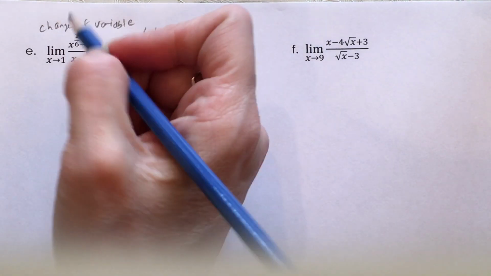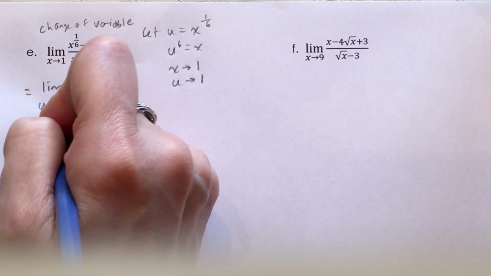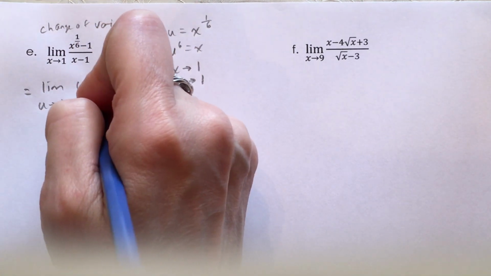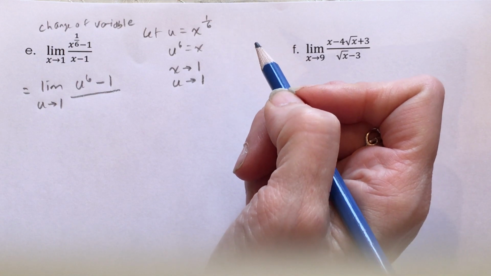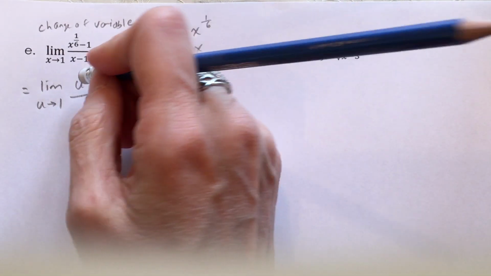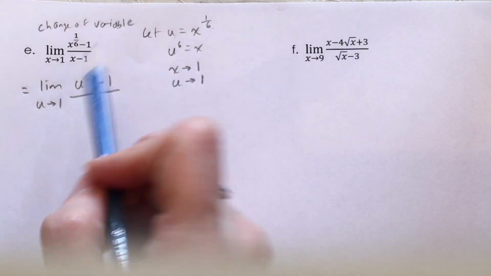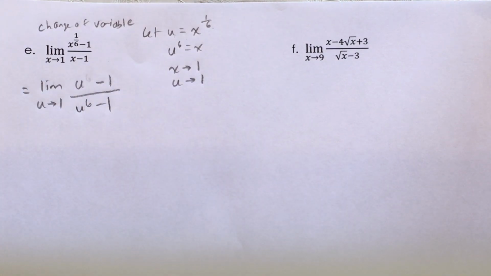So now we can change it over here. So we've got the limit as u approaches 1 of u minus 1 over x, because x to the 1/6 is u, and x is u to the 6 minus 1.